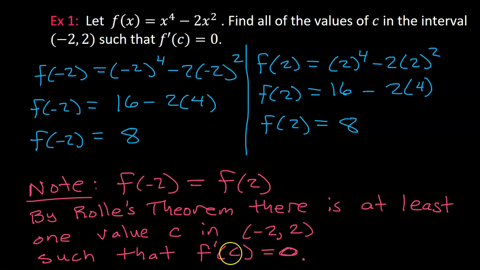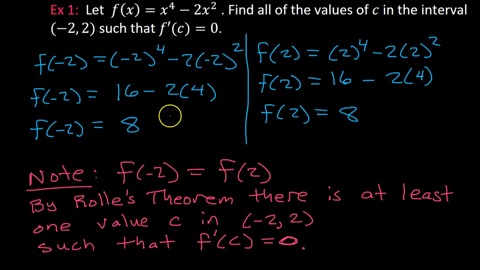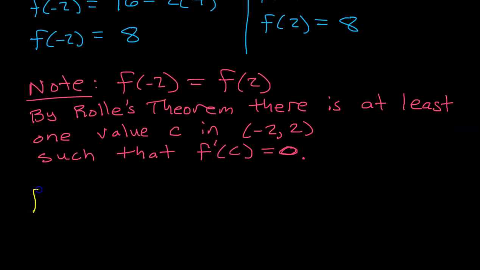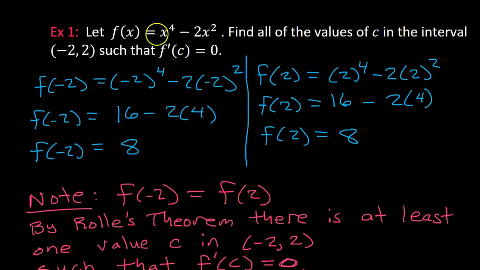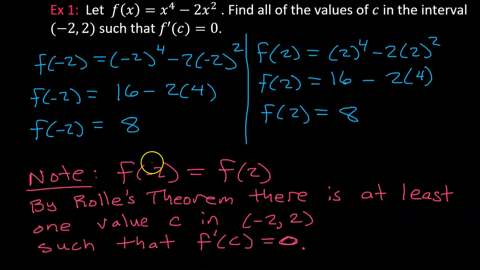So if we want to find this c value that makes the derivative equal to 0, we need to find the derivative and set it equal to 0. So let's go ahead and do the derivative of x to the 4th power minus 2x squared. So f prime of x will equal, power rule, that 4 is going to go in the front and reduce by 1.